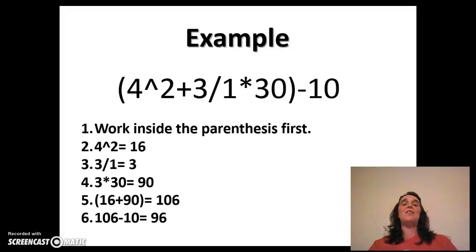And then we are back to our 16 plus 90. So 16 plus 90 is 106, right? And then we take that 106 and subtract 10. What's our final answer? 96. Excellent. Excellent.